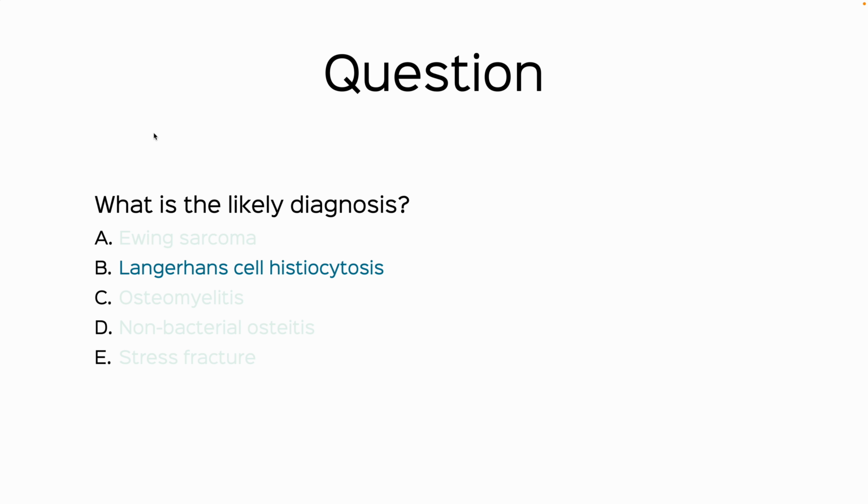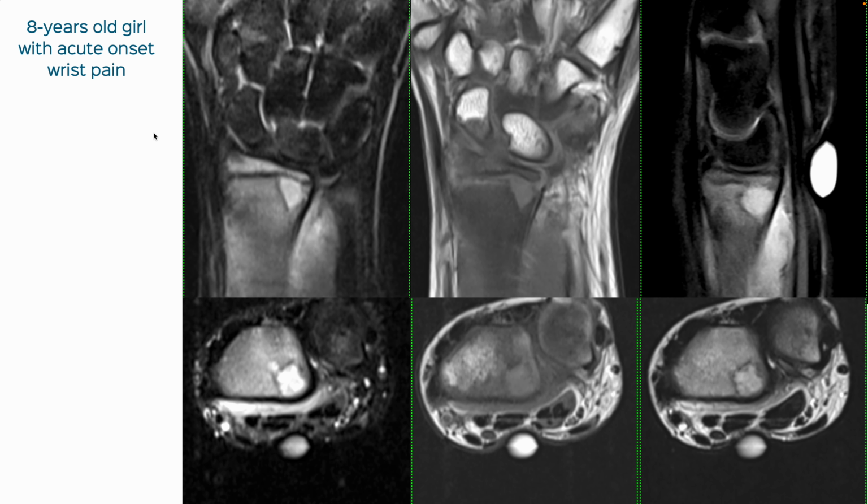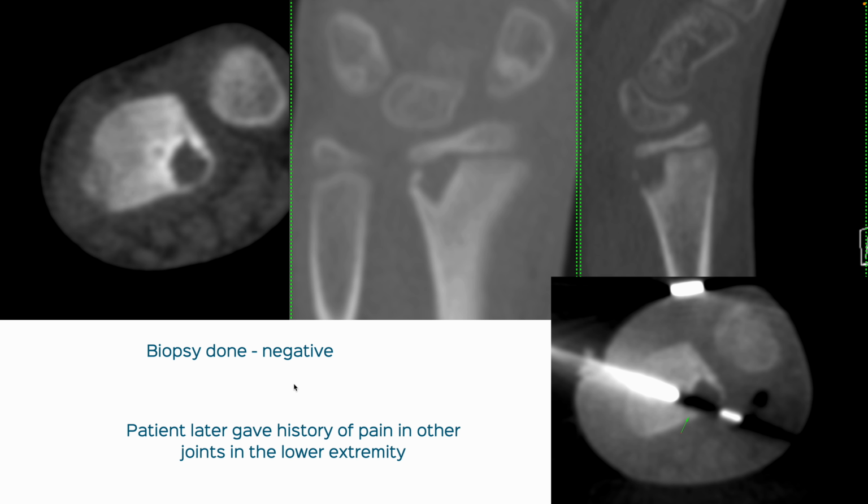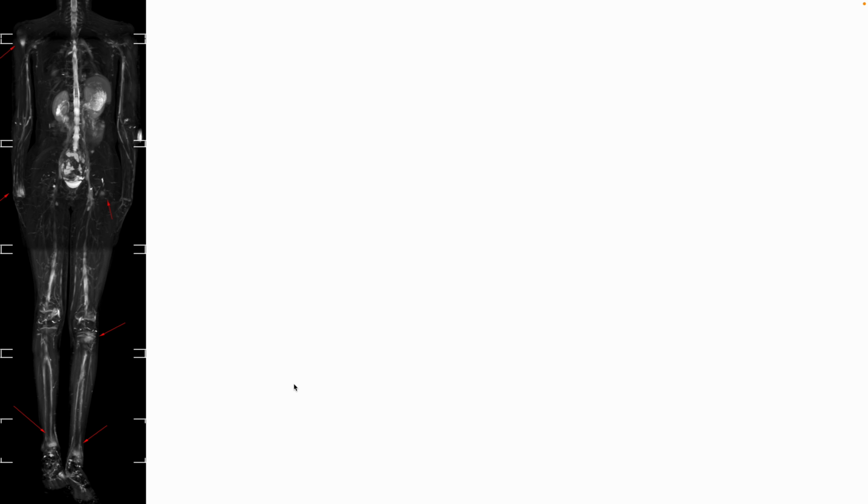Then we have this entity, osteolytic lesion, subphyseal, metaphyseal, lot of edema, marrow and periosseous, but no extraosseous spread, no cortical break. And this I had biopsied, and then the patient had a whole body MR because they went to a rheumatologist who had made the diagnosis in their mind.